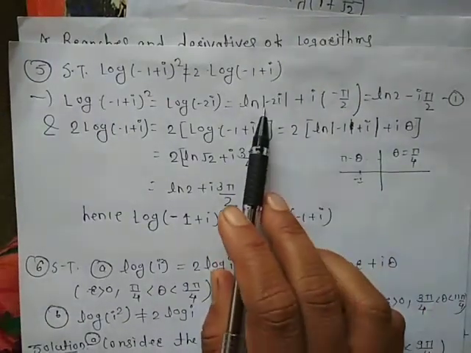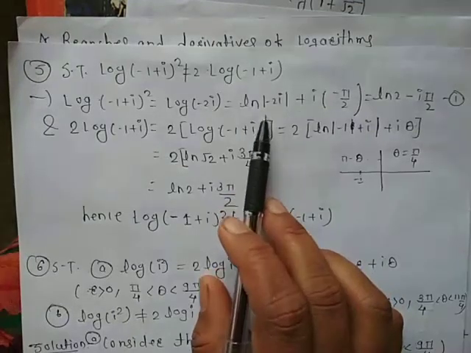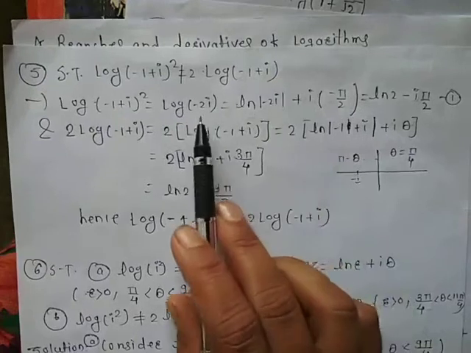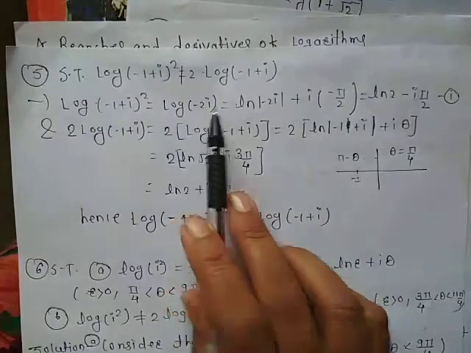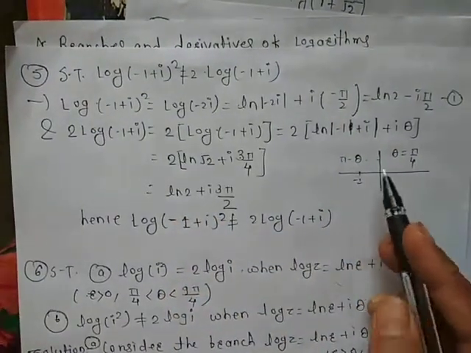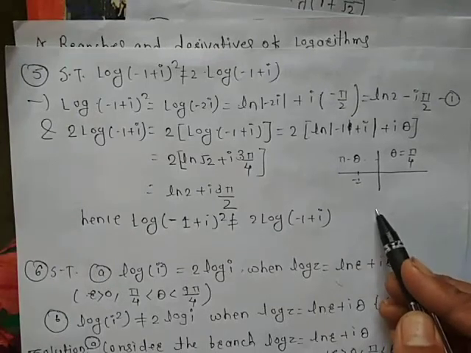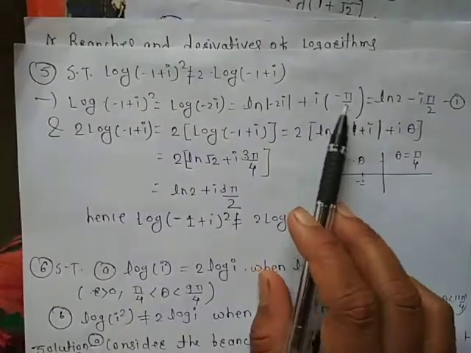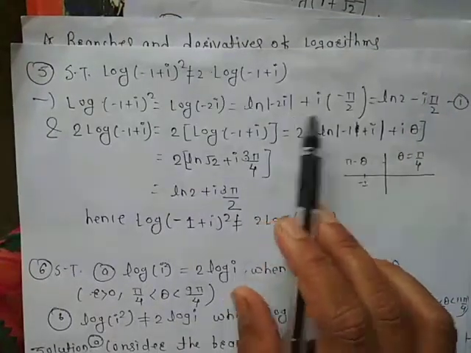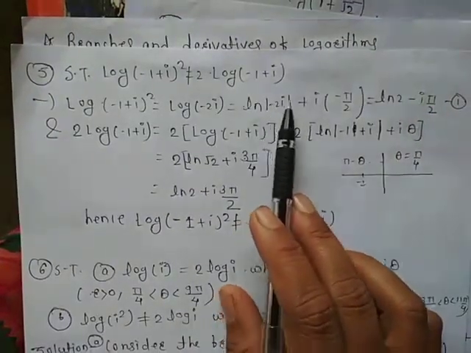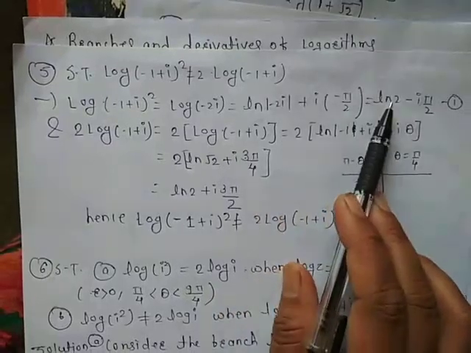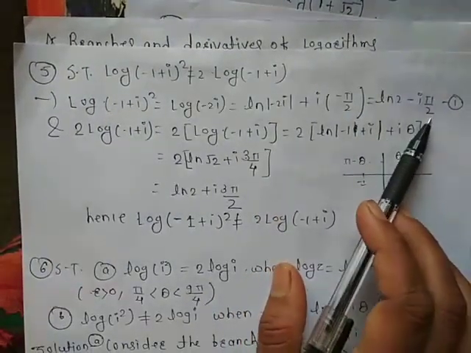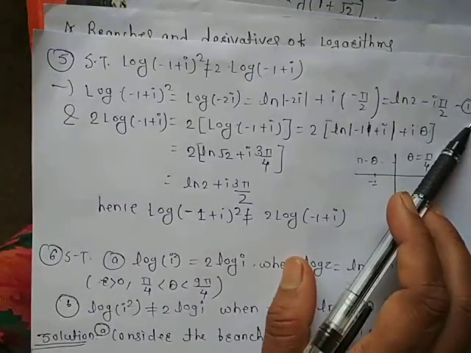So this is ln of modulus of minus 2i plus i into argument, where z lies on the negative y-axis, so the principal value is minus pi by 2. Modulus of 2i is 2. So ln 2 minus i pi by 2. Call this equation number 1.